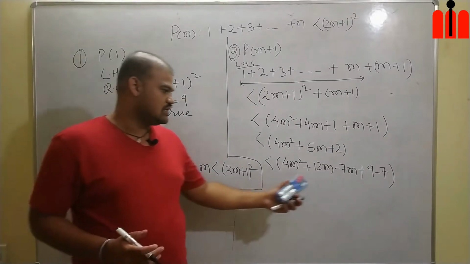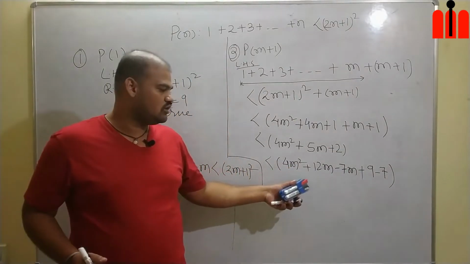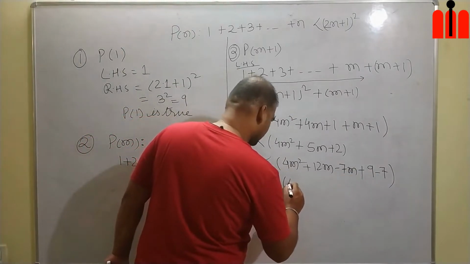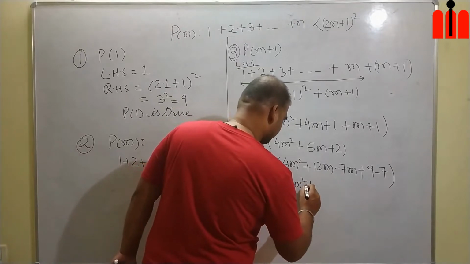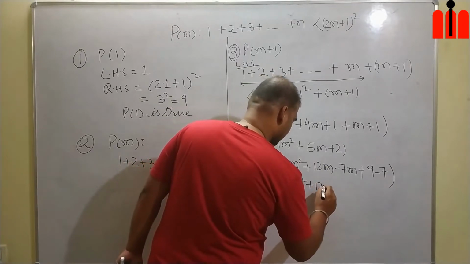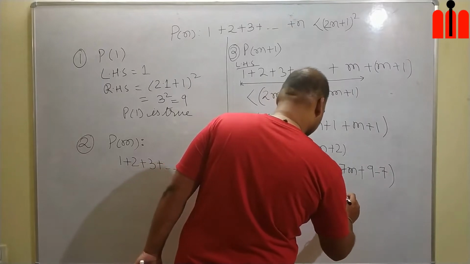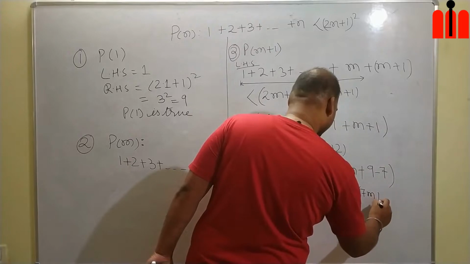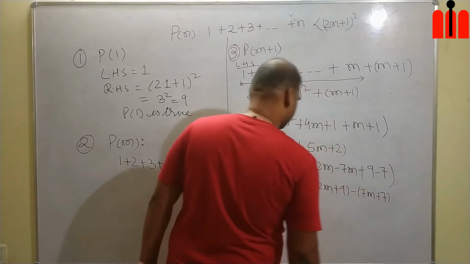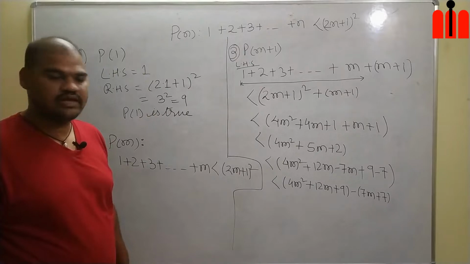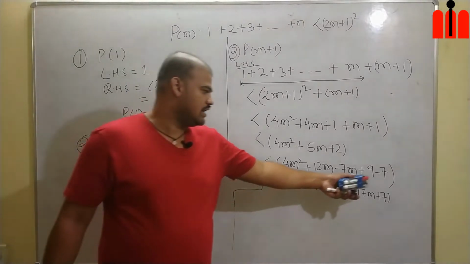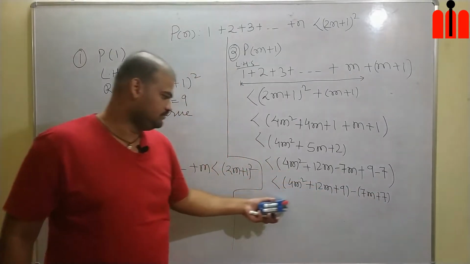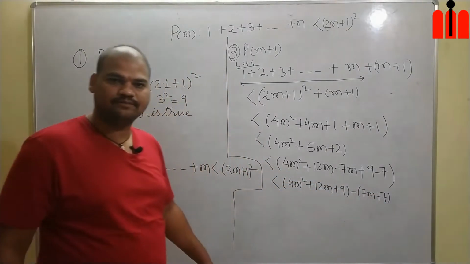So let's take all the terms which contribute to (2m+3)². So it will be less than 4m² plus 12m plus 9 minus (7m plus 7). What I had done, I had taken minus common from these two, it will be 7m plus 7, and the rest all I had taken 4m² plus 12m plus 9.